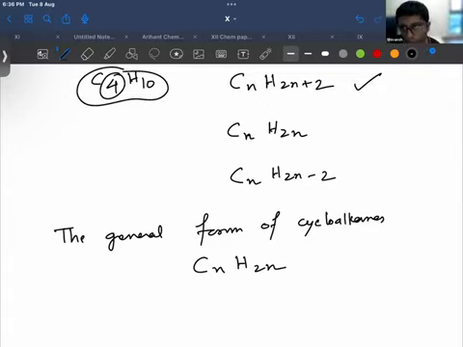So you call something an alkane because it shows a particular chemical form, not a structural form, right?